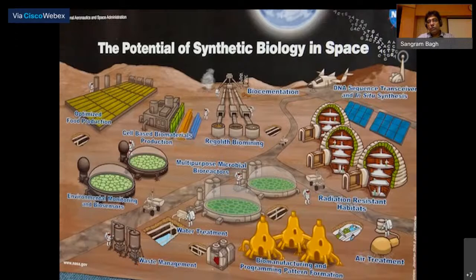So the engineering idea is that whatever resources you have available on Mars, you have to use those resources and make your research base. This is called in situ resource utilization. And here people believe that synthetic biology will probably be the key for this kind of space travel.